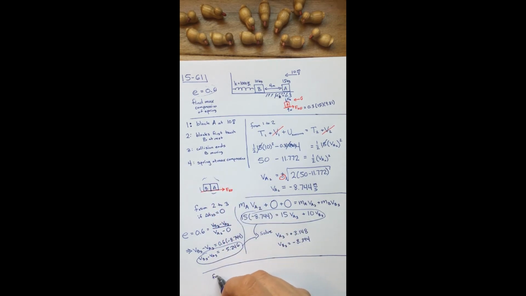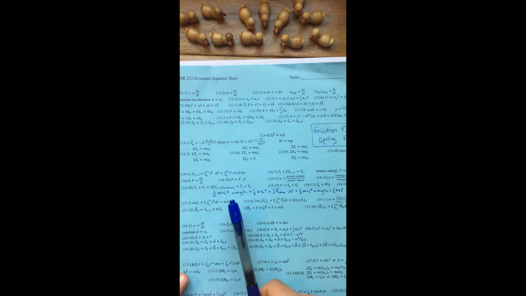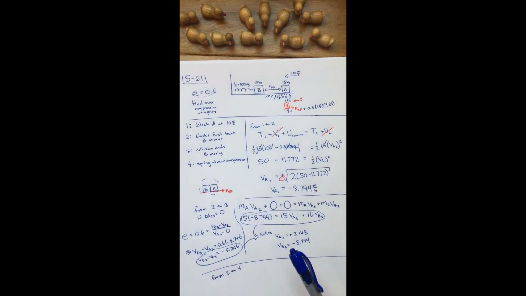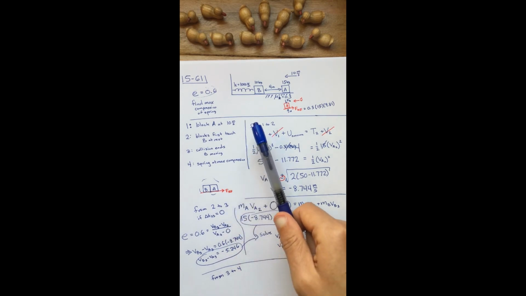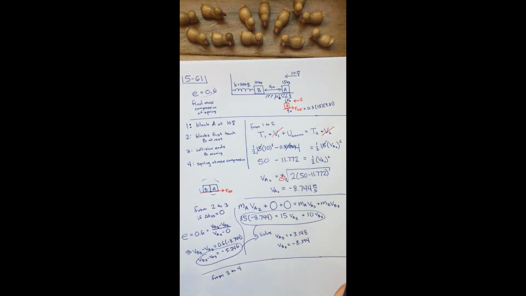Now we're going to go from event 3 to event 4 to find the maximum compression of the spring. So we're going to use the work-energy relationship for that. We know the potential energy for the spring is 1/2 k s squared. Now at this point we should be considering the force of the spring and the force of friction, but in your book they do not include the force of friction after the collision, and since they don't include it in the book, I'm not going to include it here.